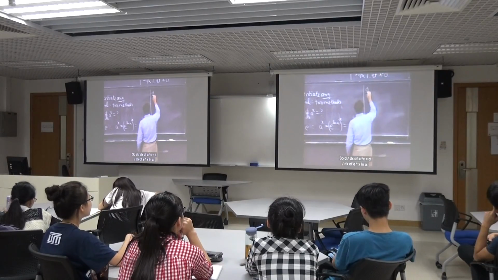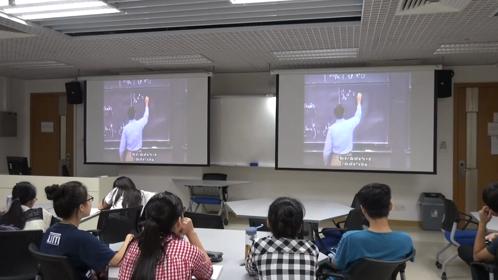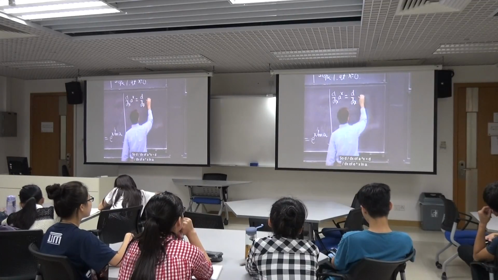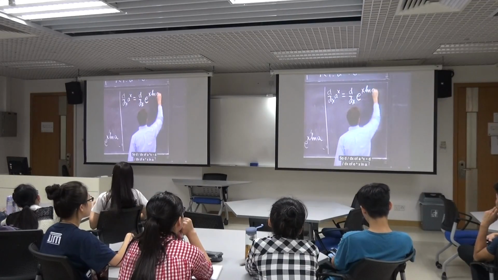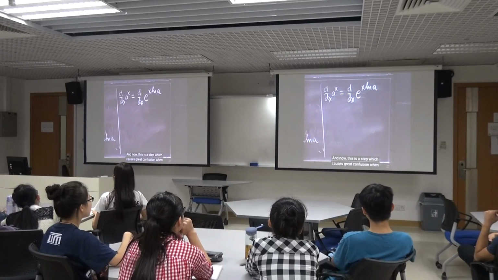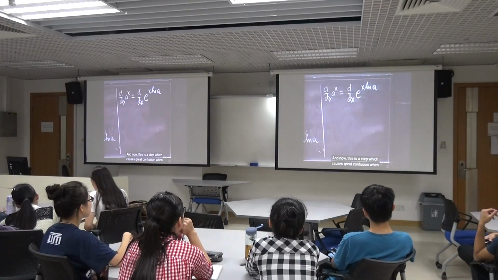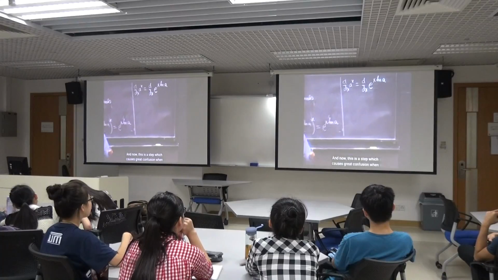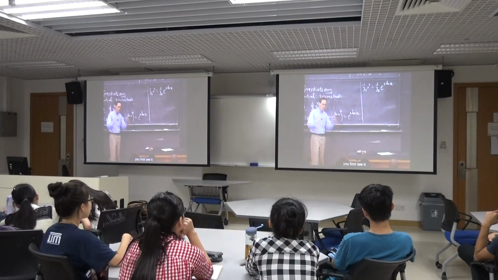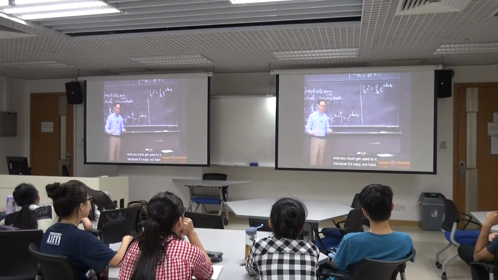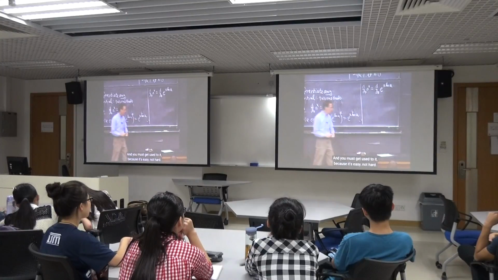So d by dx of a to the x is equal to d by dx of e to the x log a. And now, this is a step which causes great confusion when you first see it, and you must get used to it because it's easy, not hard.